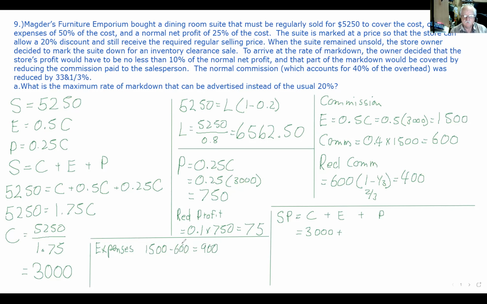But now, instead of adding 600, the reduced expenses is going to be 900 plus 400. So 1,300.